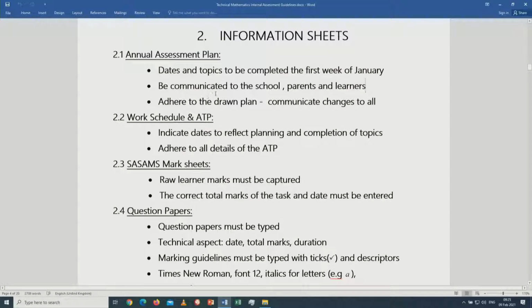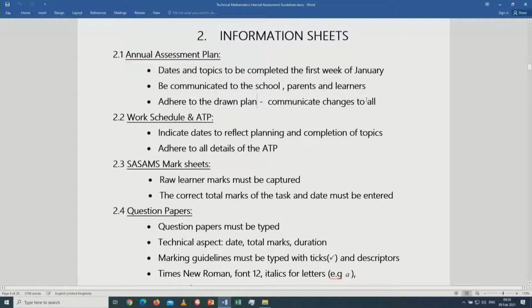But then you give them not on the 20th of February, you give them on the 30th of March. You see, adherence to the assessment plan, it is such an inconvenience, not only to learners, but also to you, to mark the test as well as investigation at the same time.